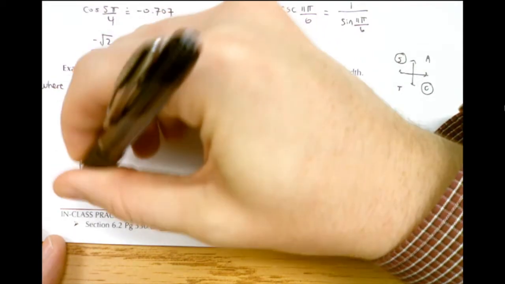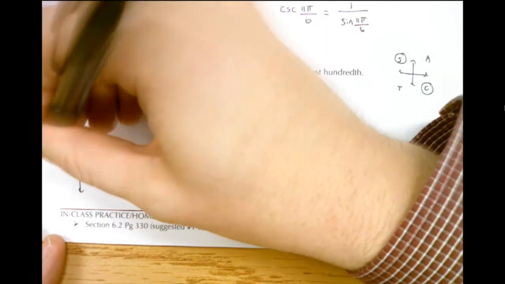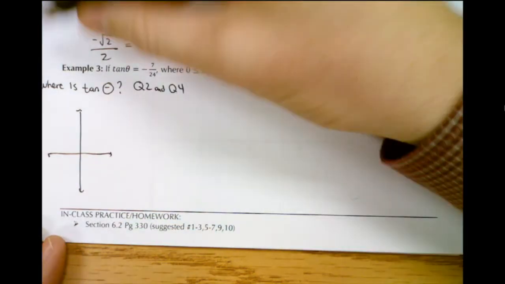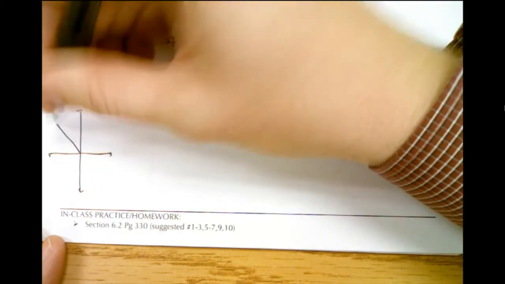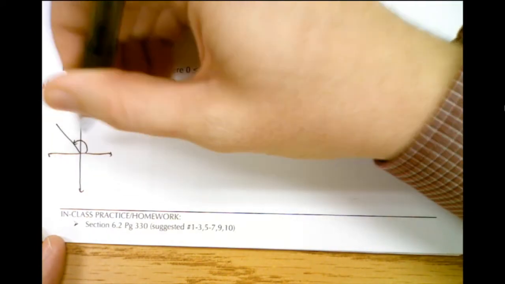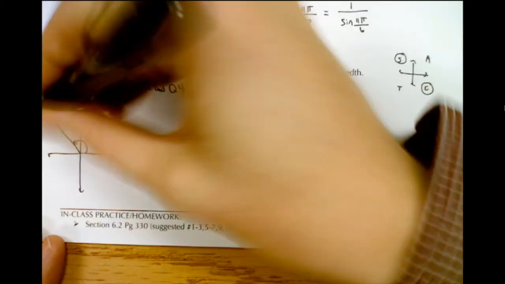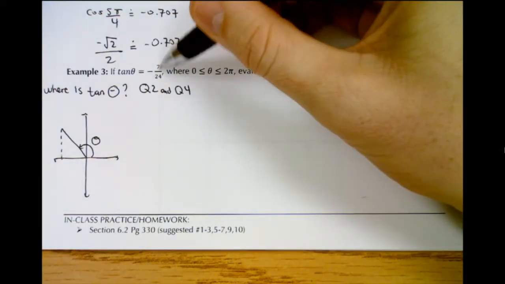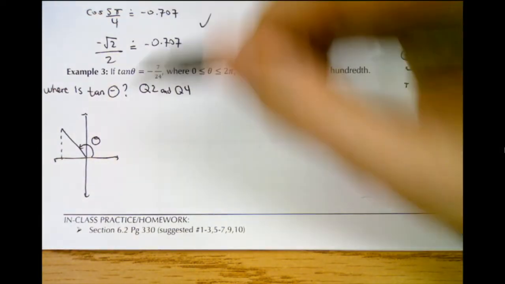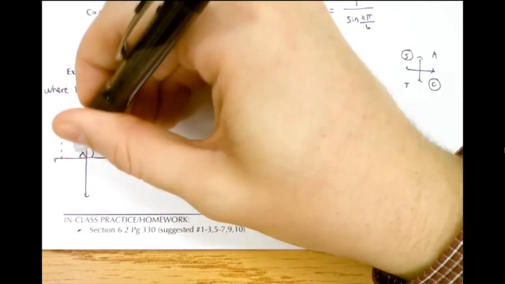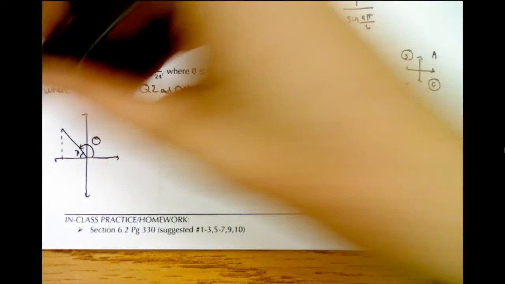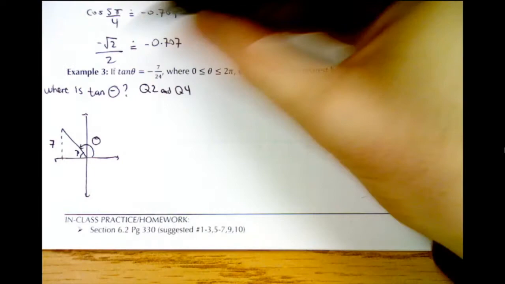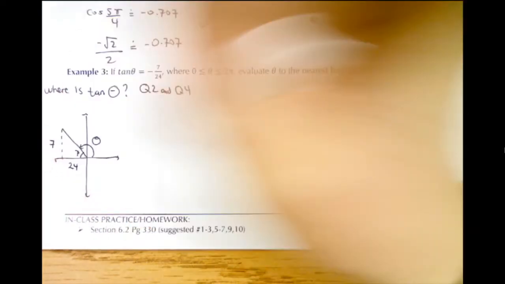So let's start by doing quadrant 2. That means our theta has brought us somewhere into quadrant 2. And what we know about our point, negative 7 over 24, is that it represents the opposite side, 7, and the adjacent side, 24. Opposite our angle beta would be our 7, and adjacent would be our 24, and one of them has to be negative.